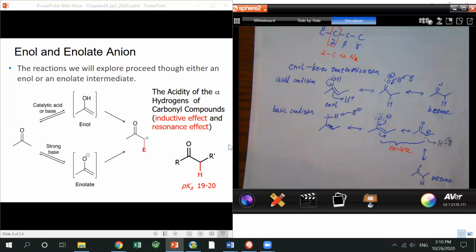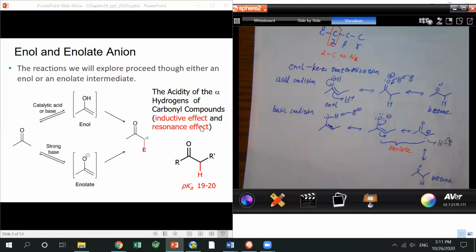The alpha carbon can act as a nucleophile because of the acidity of its hydrogens, due to two effects. First, the inductive effect: the electron-withdrawing carbonyl next to it can help hold the negative charge.